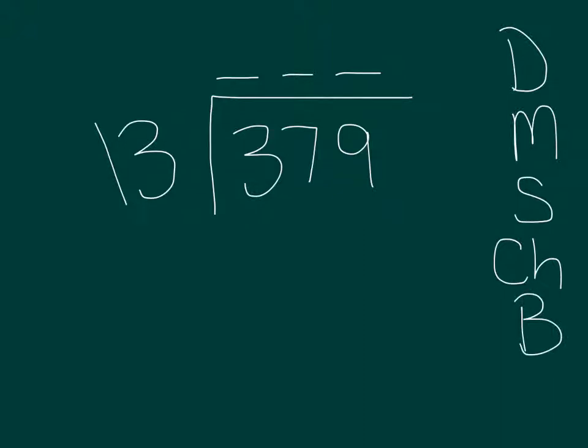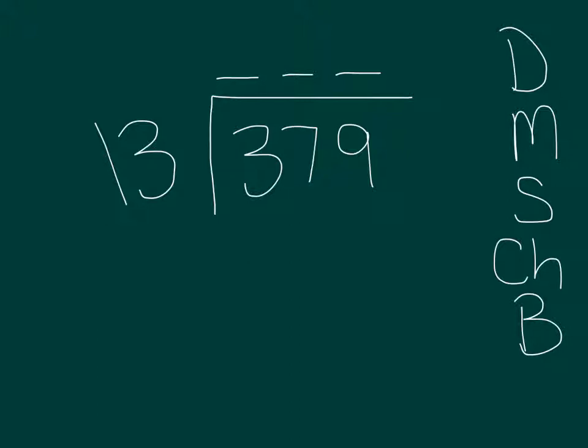Okay, knowing that I am needing 13 to go into 379, we take it one step at a time. One way we know how many times 13 will go into specific numbers is by creating our 9 lines.